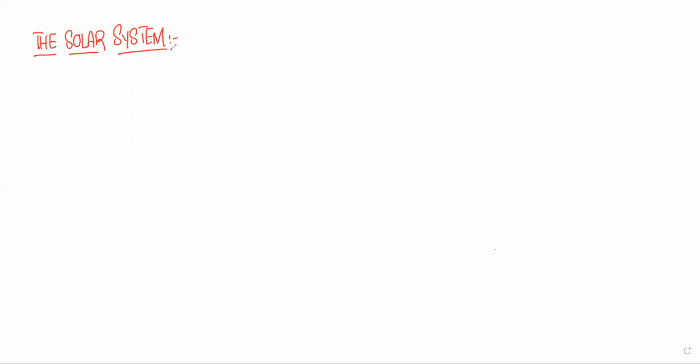You already know that in the solar system we have the sun, the 8 planets, natural and artificial satellites, dark planets, asteroids, and comets. There are multiple types of planets and satellites in a single solar system.